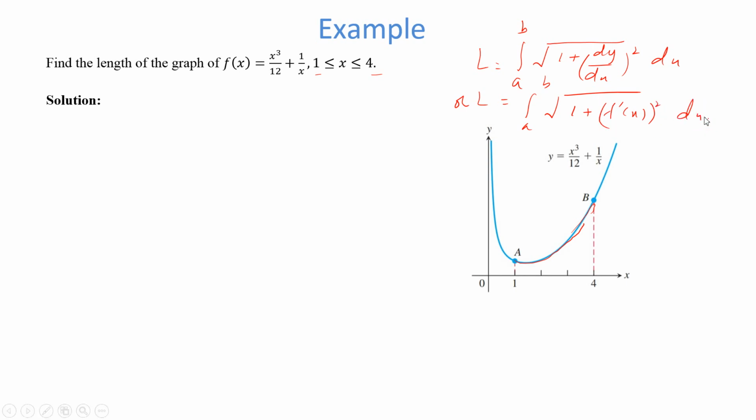Alright. So in order to use this formula, we have to find the value of 1 plus f prime(x) whole squared. Then we'll take the square root. So for this, we are going to differentiate this function first.